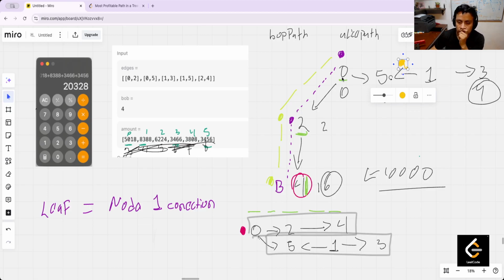Oh, this and this. No. In this case, I need to discover or figure out how can I go in until reach the leaf.